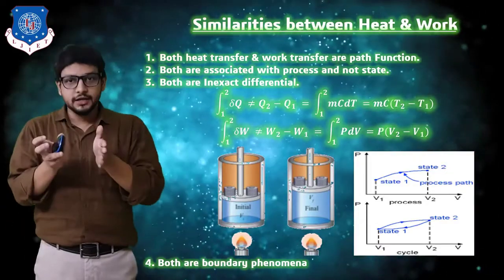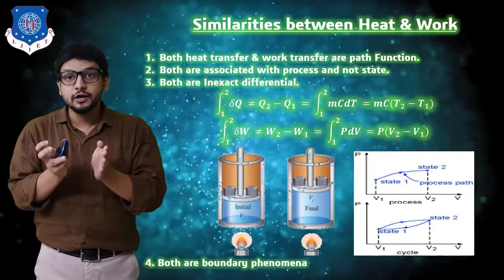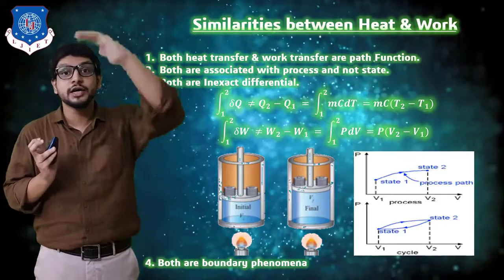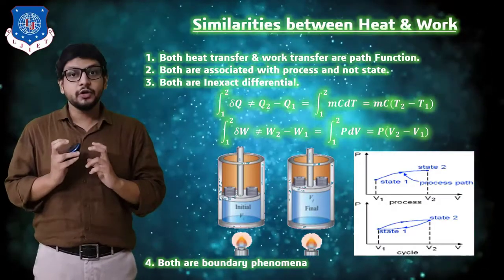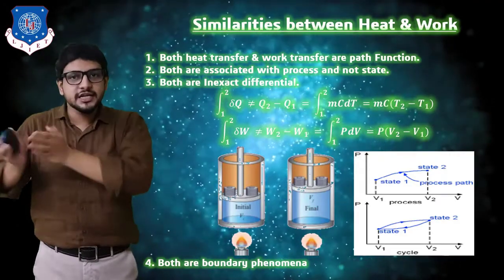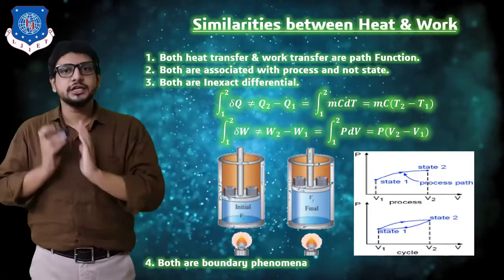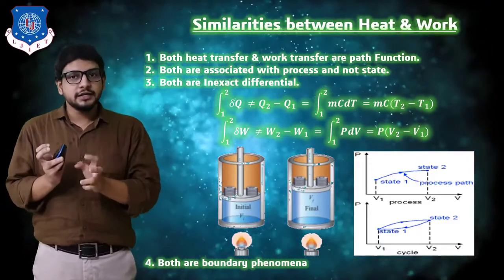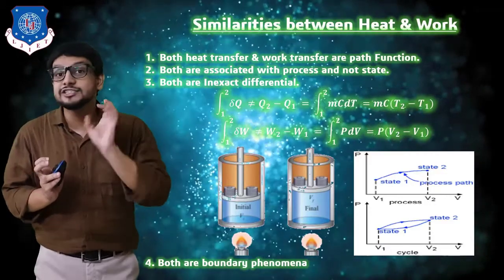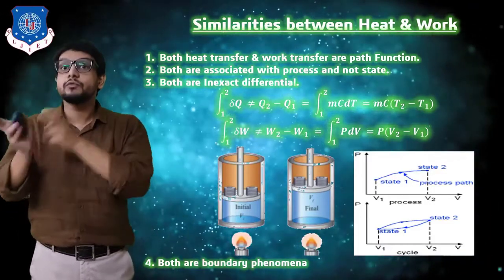Similarly, we would say a work transfer can occur when a piston undergoes a displacement, that is, when there is a motion of a piston. We know the formula of work. It is equal to force into displacement, and in terms of a closed system, it is equal to pressure into change in volume. So again, we would say that at state 1, there is no work transfer. We cannot say that W1 is a work transfer. Similarly, at state 2, we cannot say W2 is a work transfer.